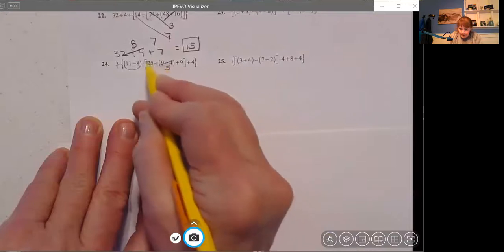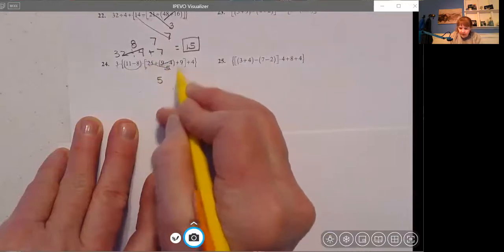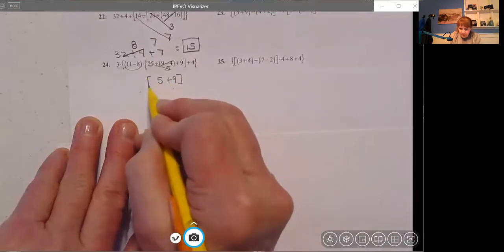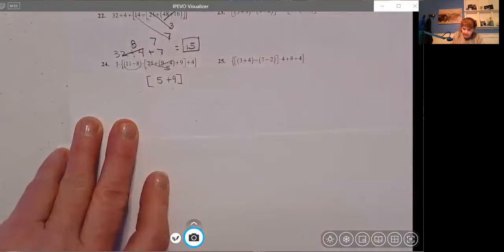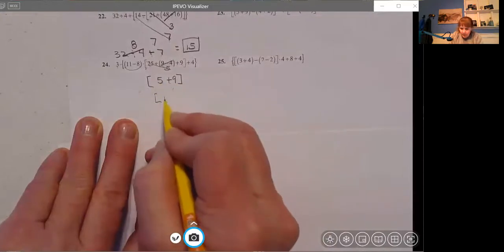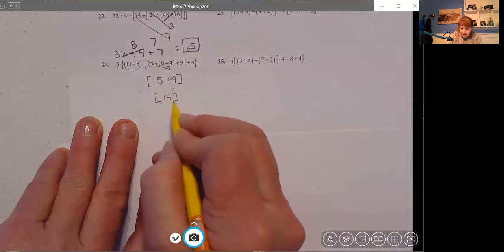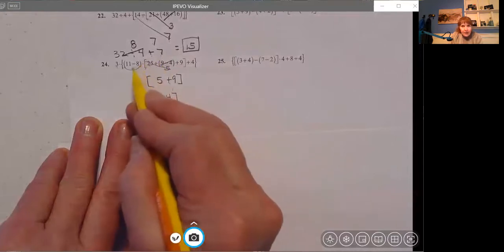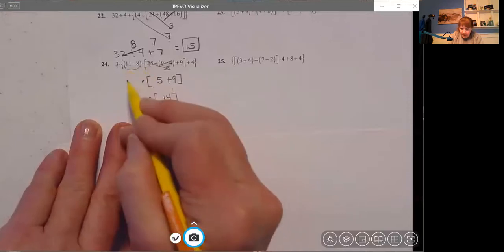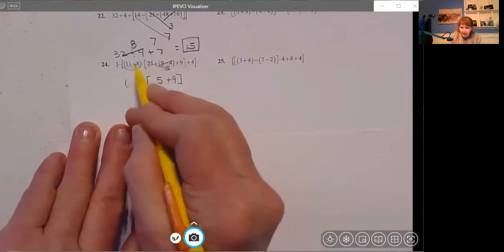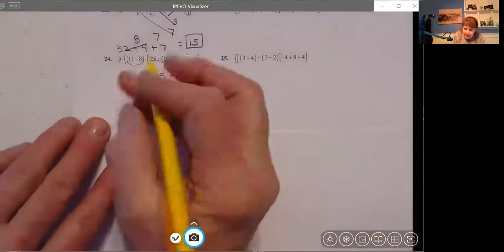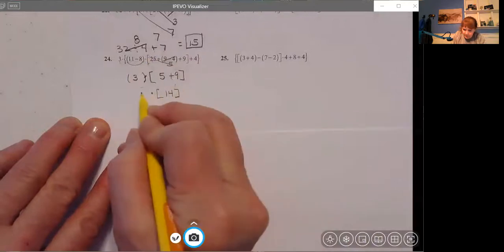Then we'll add 9. We're still inside of our square brackets. Then we'll take 5 plus 9, and we have 14 inside the bracket. Moving over to here, we have a times. Inside, 11 minus 8 gives us 3. So we have a 3.